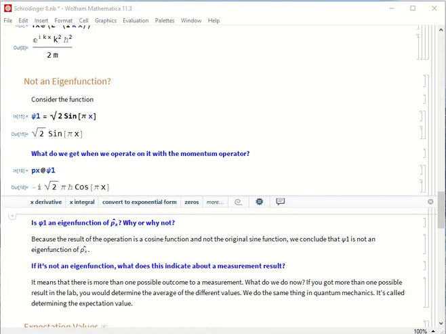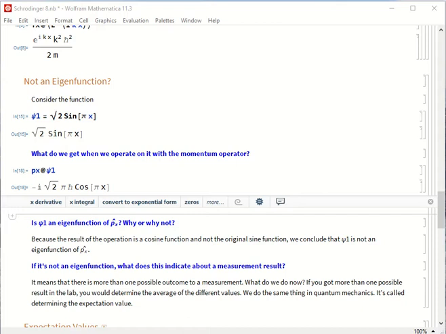Well, very simply, it means that there's more than one possible outcome for our measurements in the lab. We're not going to get just one value, we're going to get multiple values. At this point, we don't know what we're going to get, and we'll talk about how we determine that in a little bit. But the outcome as of this point is uncertain. We know we're going to get several possible outcomes. We don't know what they are, and we don't know what their probabilities might be.